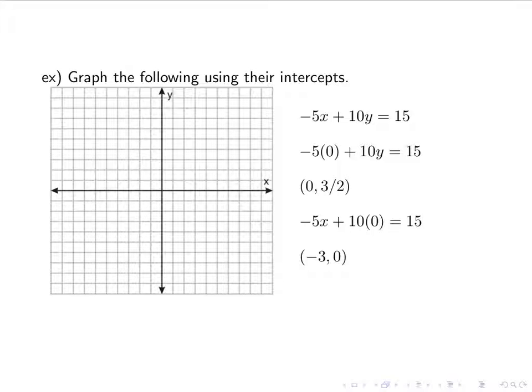So I'm going to plot my negative 3, 0. And then 0, 3/2. So remember, 3/2 is 1.5. So somewhere between the 1 and the 2. Again, I've got 2 points. I can connect them with a line. And there is my graph.